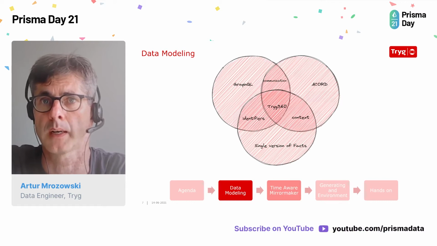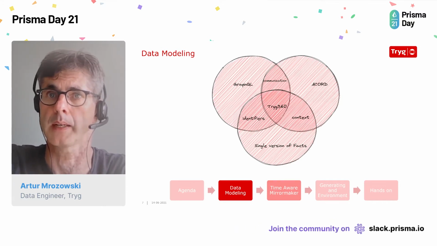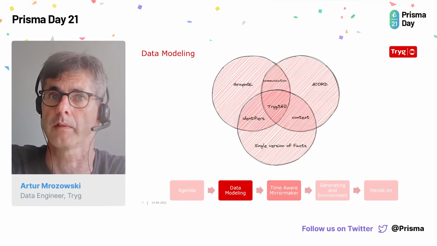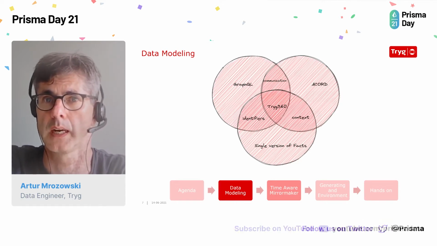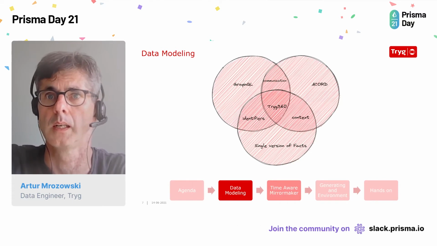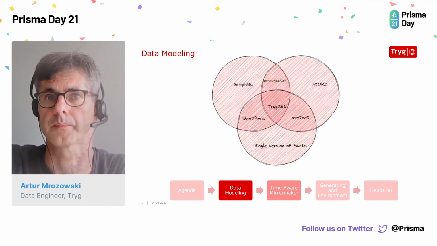These are replicated by CDC pipelines and stored on Kafka, our single version of facts. We use GraphQL as an API and common language to interact with the data. And we have Accord that provides context and facilitates interoperability and reusability of the data. And all of these components result in our data broker platform called Tryg 360.